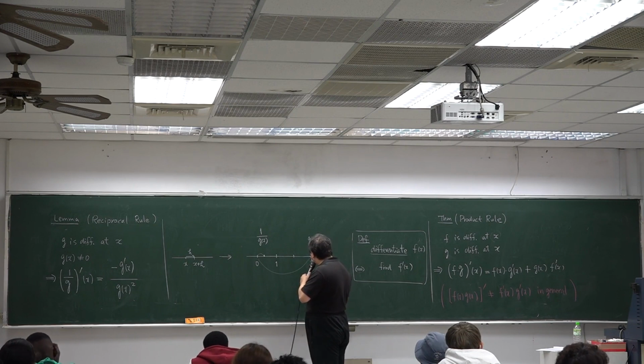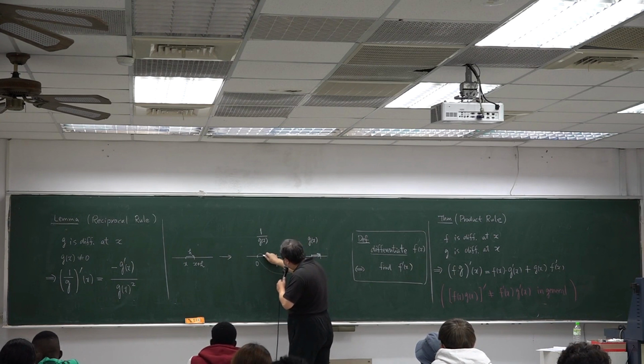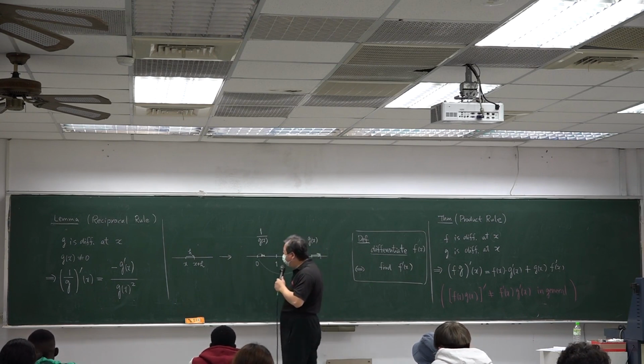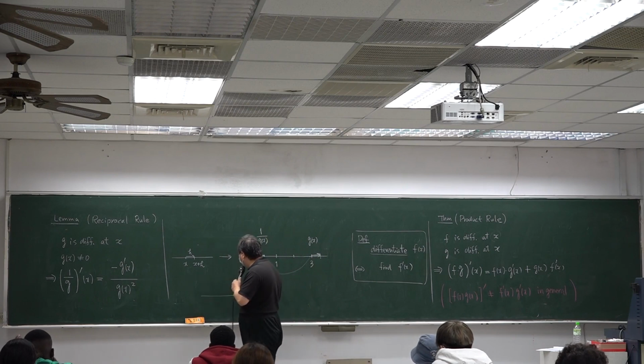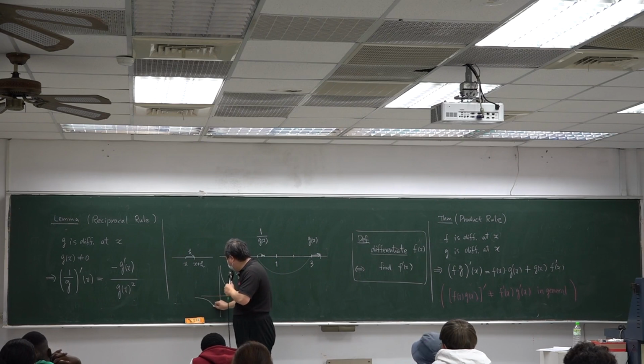But when g goes from here to here, then this one will be moved to the left, because reciprocal is a decreasing function, when x is positive, and also when x is negative.